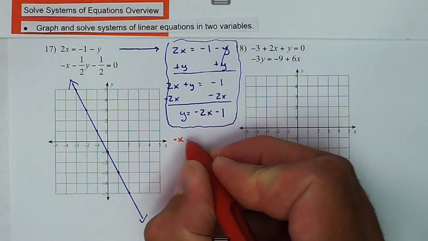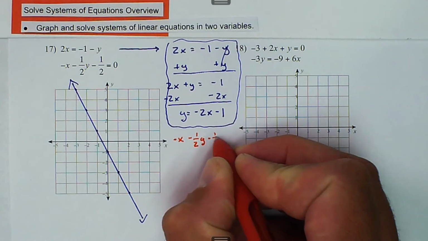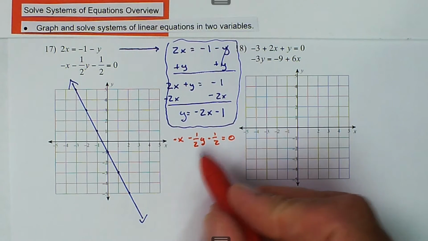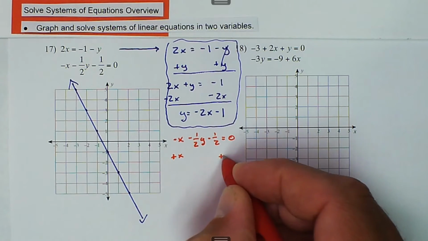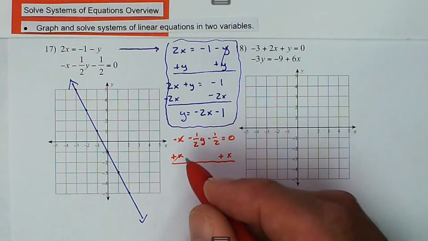So we have -x minus 1/2 y minus 1/2 is equal to 0. So we want to get y by itself, and the y is already on the left-hand side. So I can add x to both sides. And x and x cancel.